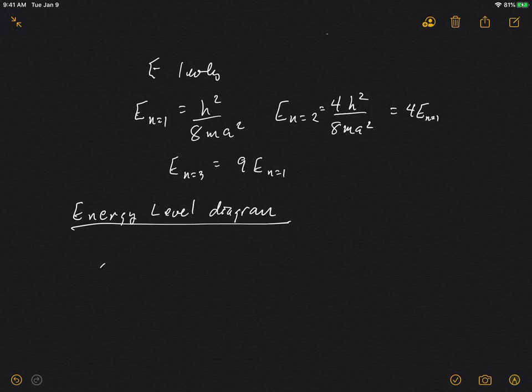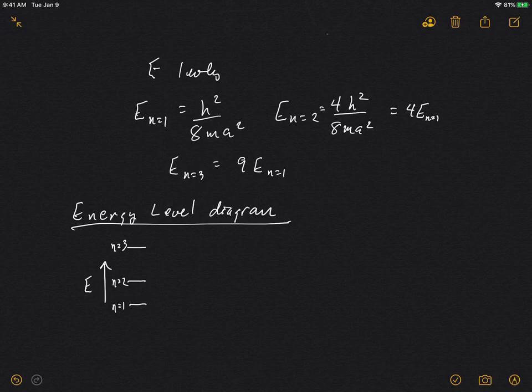For an energy level diagram, we set up energy along the y-axis, and we use a set of short horizontal lines to represent the energy levels. And then we might put quantum number information in there as well.